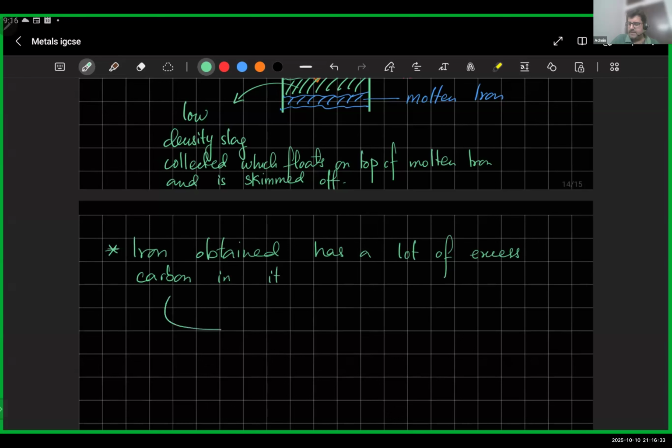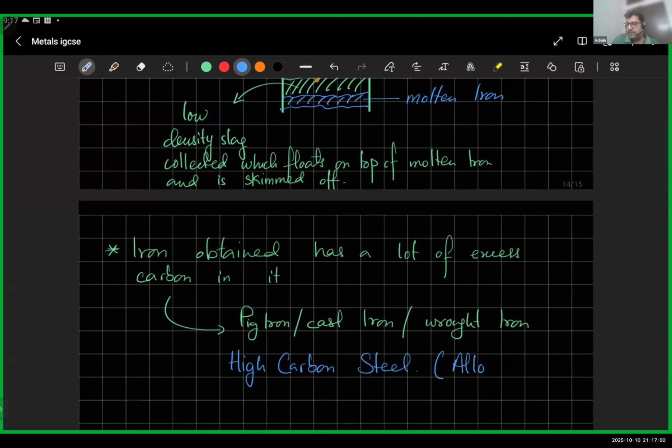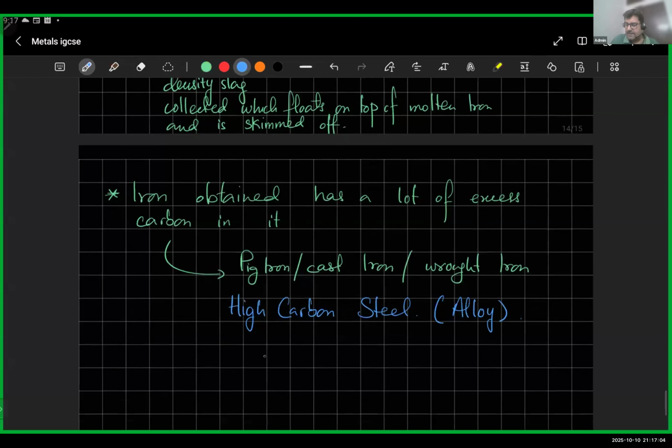And that's basically called pig iron or cast iron or wrought iron. So it's basically high carbon steel. Okay, which is basically an alloy. What you're getting is an alloy, not actually iron.